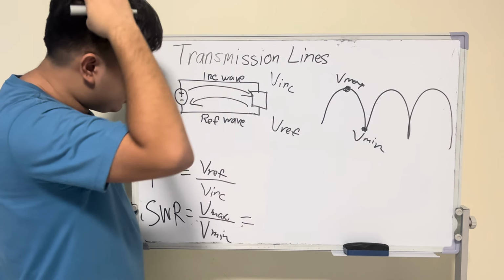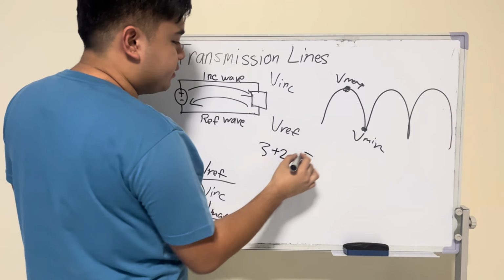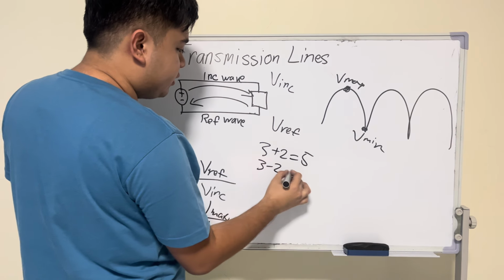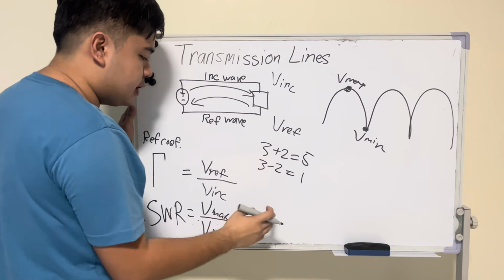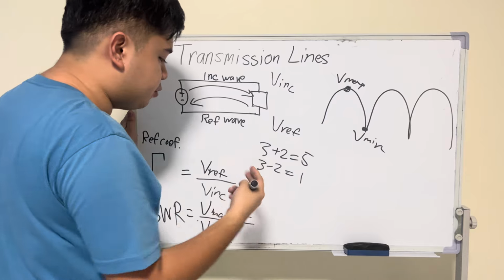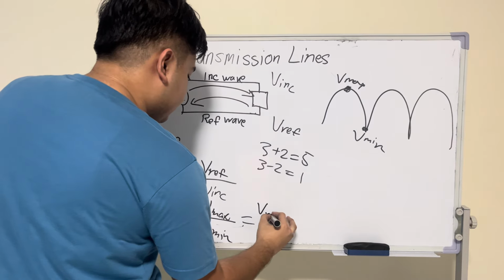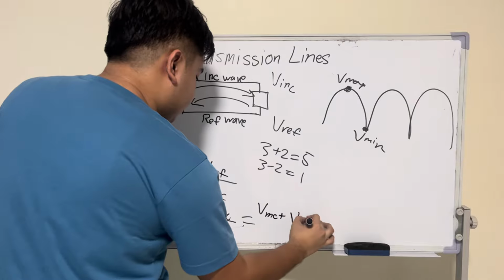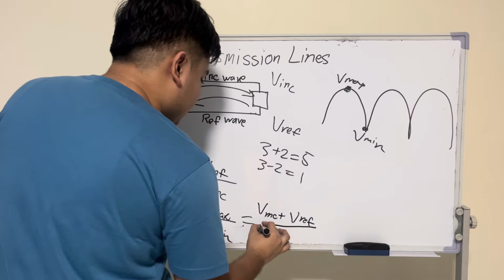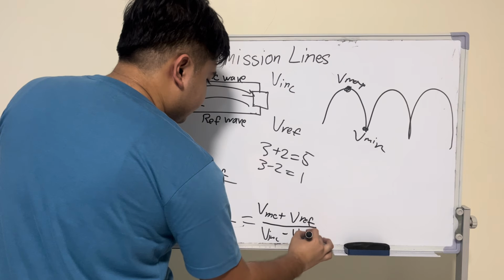When we add two things together, for example, like 3 plus 2, we will get 5. But when we subtract them, we get 1, which is the minimum. So, when we add the incident and the reflected amplitudes, we get the maximum. So, V incident plus V reflected for maximum. And for minimum, it's just subtraction, so it's V incident minus V reflected.